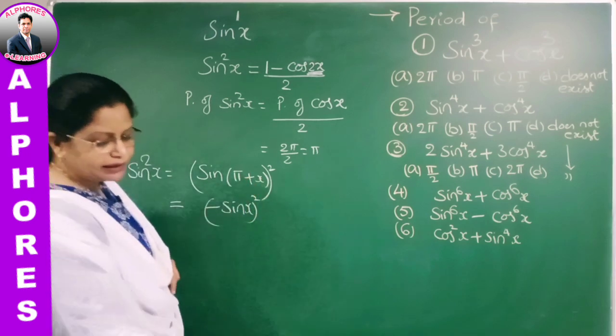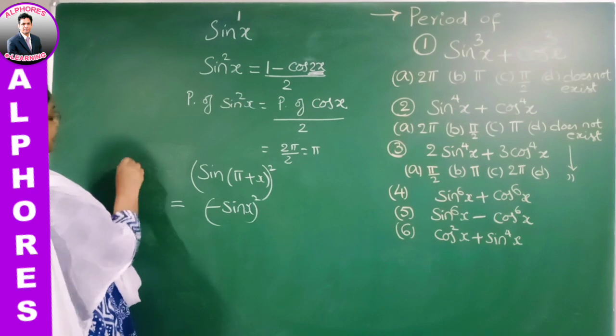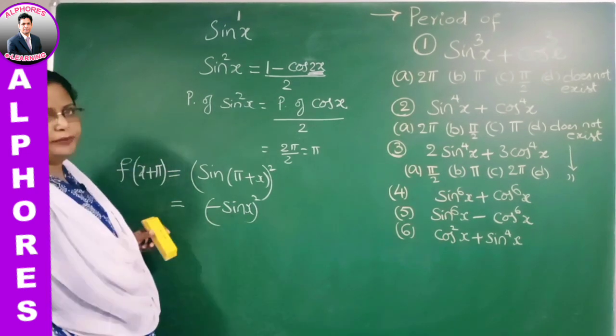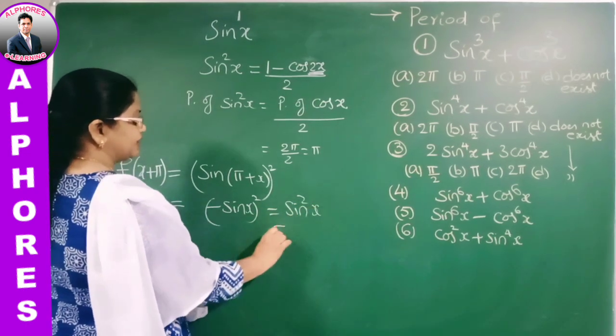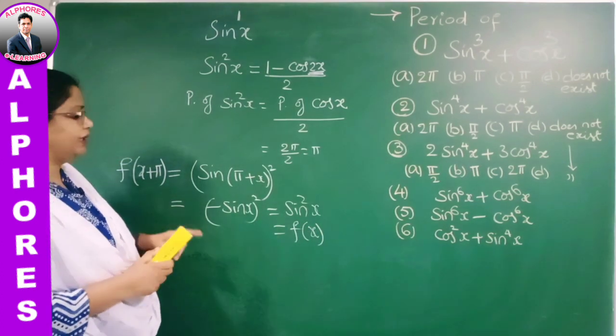So we started the problem by taking f of x plus pi, right? F of x plus pi is equal to this value, which implies it is equal to sin square x. And sin square x is f of x again.